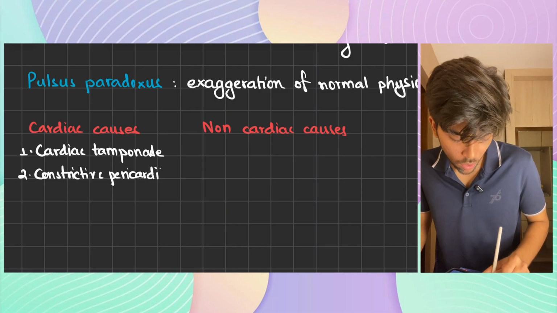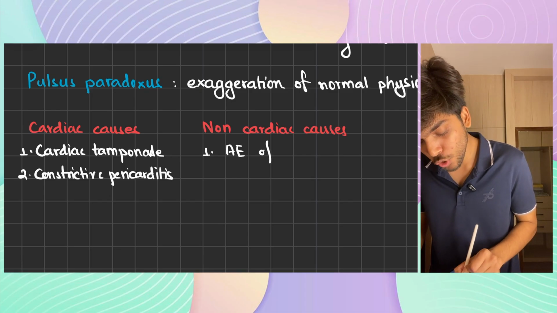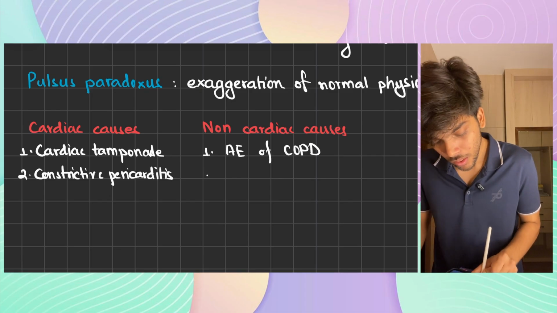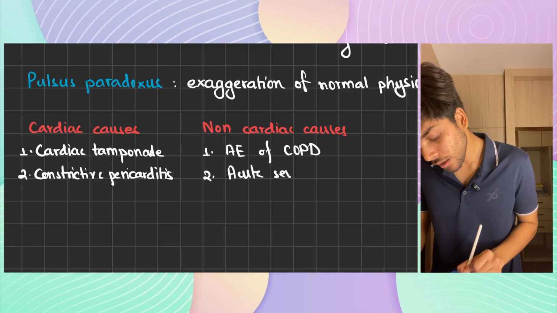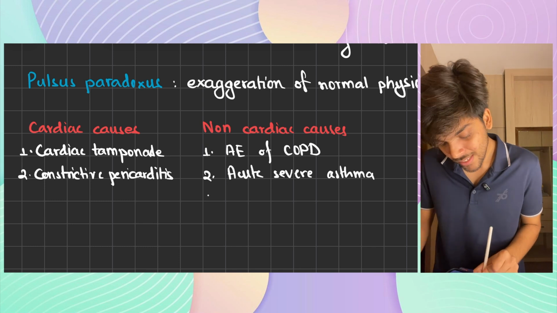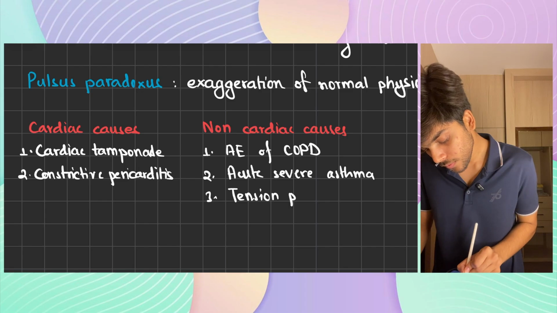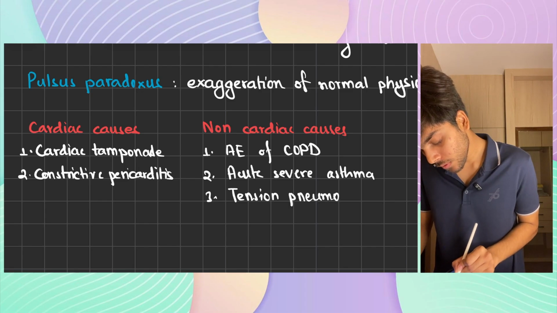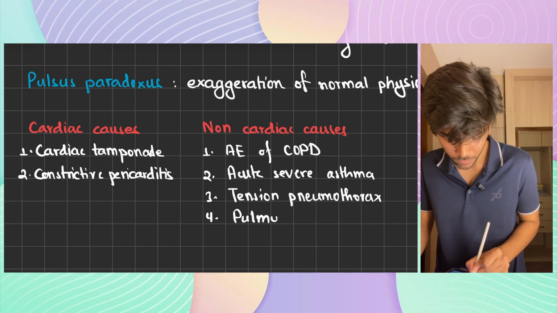And the non-cardiac causes are, number one, acute exacerbation of COPD. Number two, acute severe asthma. Number three, tension pneumothorax. And number four, pulmonary embolism.